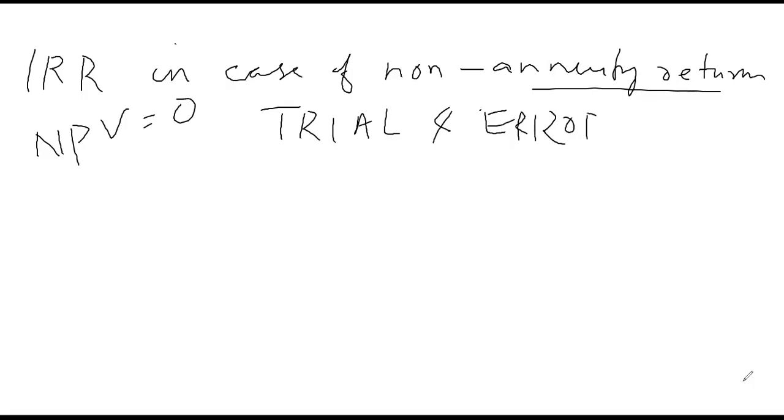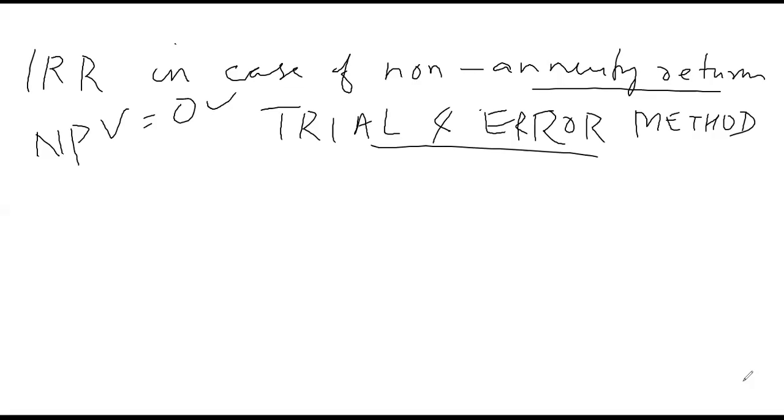The method we'll use here is the trial and error method, and the concept used is that IRR is the rate of discount where your NPV becomes zero. Before we proceed with the steps, first listen to how the process goes. You will not be given any percentage for this trial and error method in your exam.